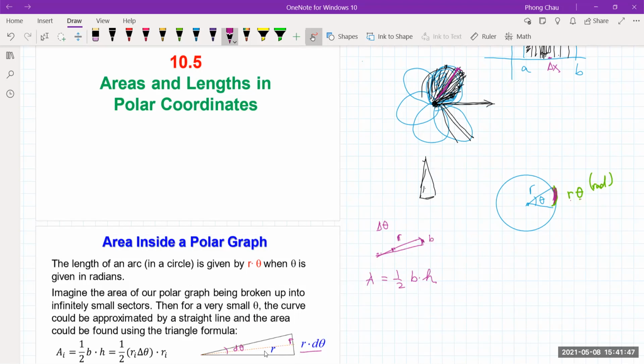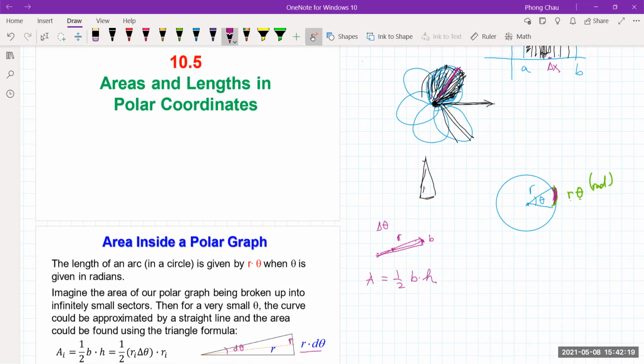The height, because it's very small, is approximately the length r. So the area of each sector is a triangle: half base times height. The base is r times d theta, and the height is this distance r.